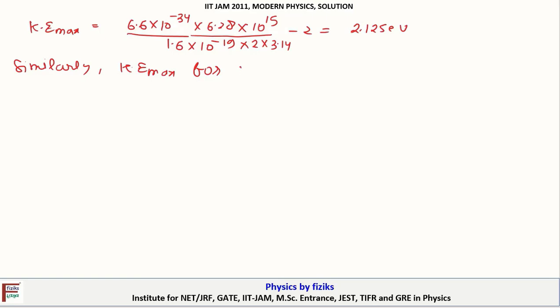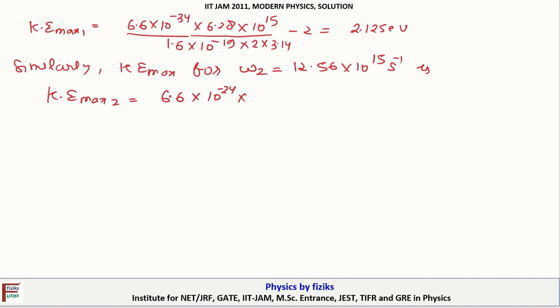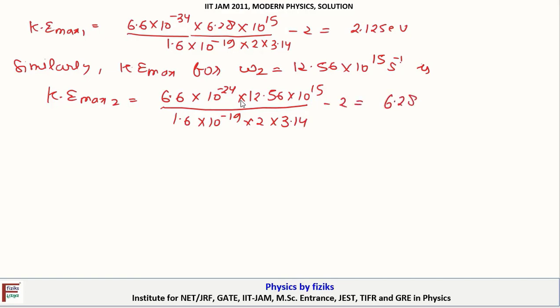Kinetic energy maximum for angular frequency omega 2 equal to 12.56 × 10^15 per second is KE max = 6.6 × 10^−34 × 12.56 × 10^15 divided by 1.6 × 10^−19 × 2 × 3.14, minus 2, equals 6.28 electron volt.